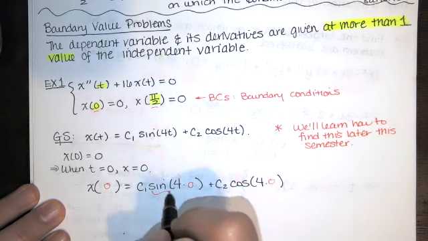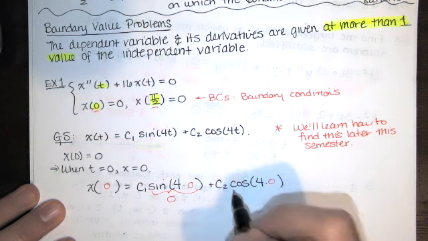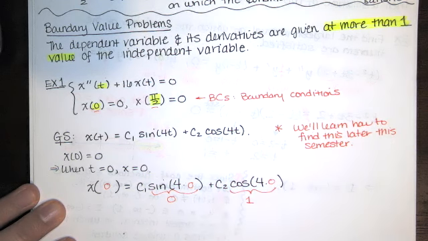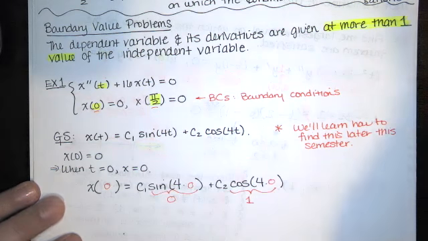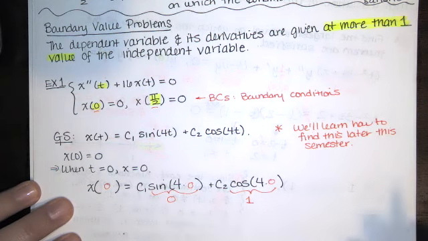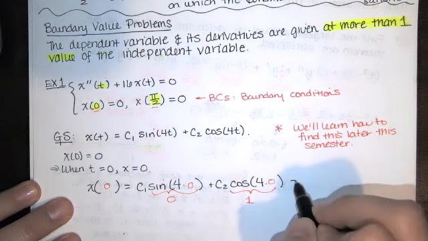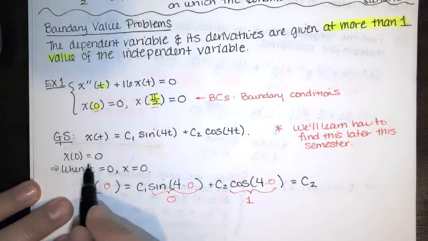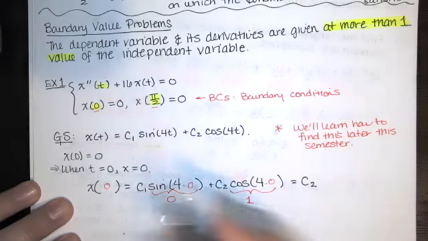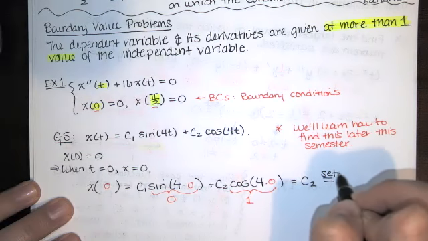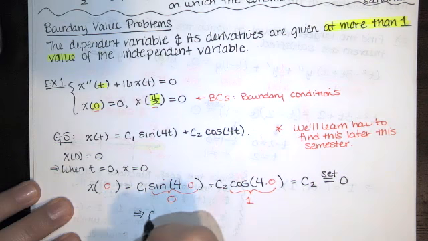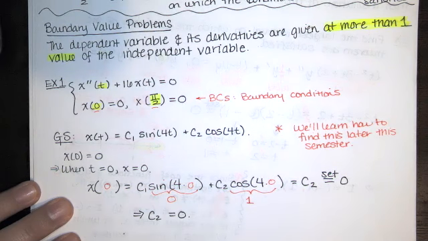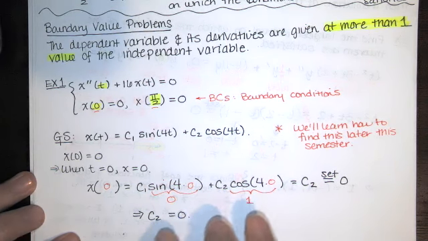Well, sine of 0 is known to be 0, so that guy's gone. And cosine of 0, we know that's 1. So x of 0 equals 0 times c1, which is 0, plus 1 times c2, which is c2. And we'll set that equal to the given value of x. We're told that when t equals 0, x equals 0, so we'll set that equal to 0. And this first condition tells us that c2 must be 0. Okay, so we know that.